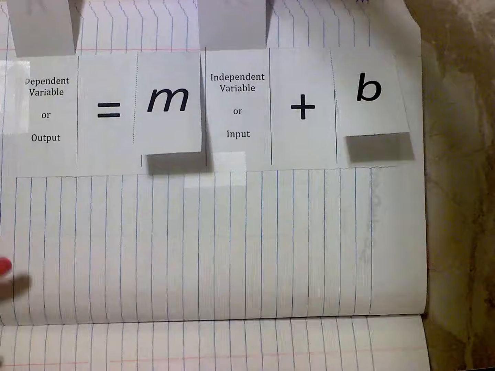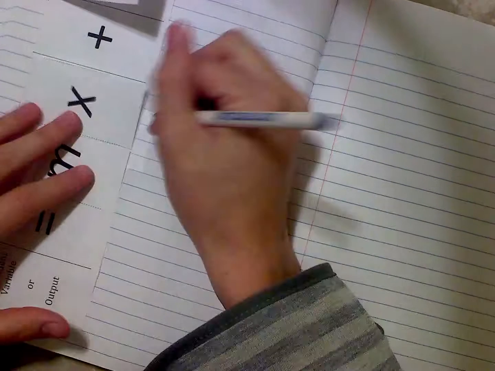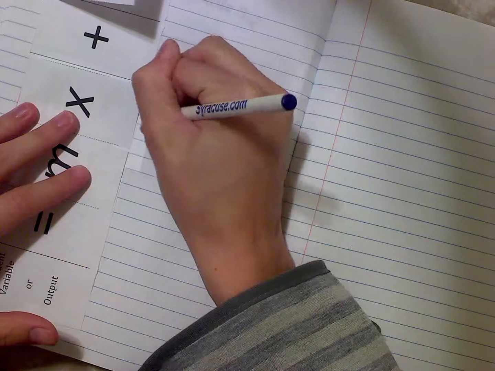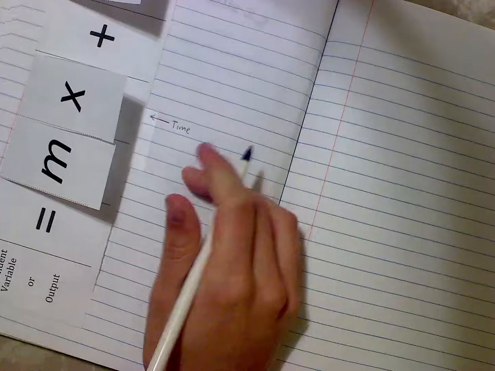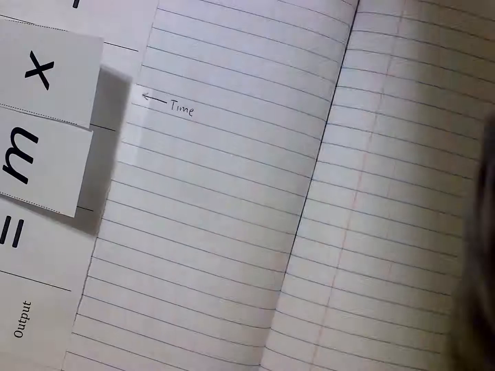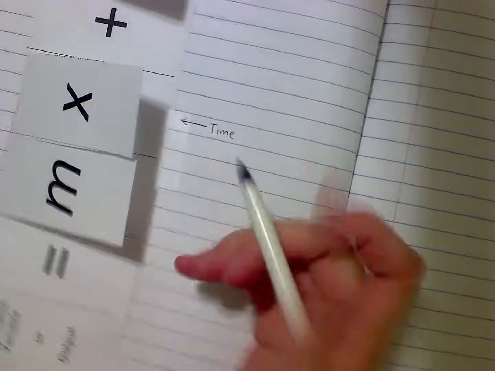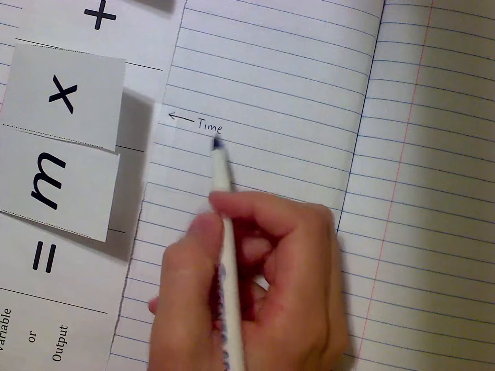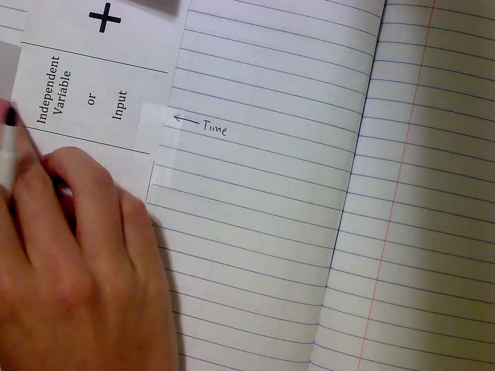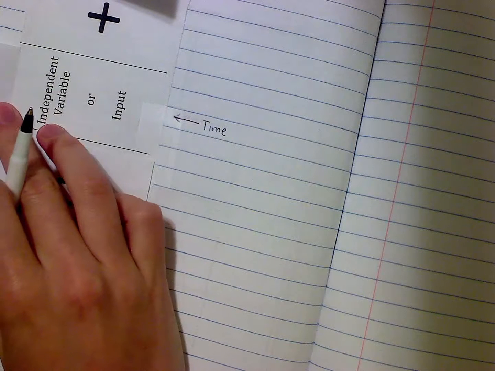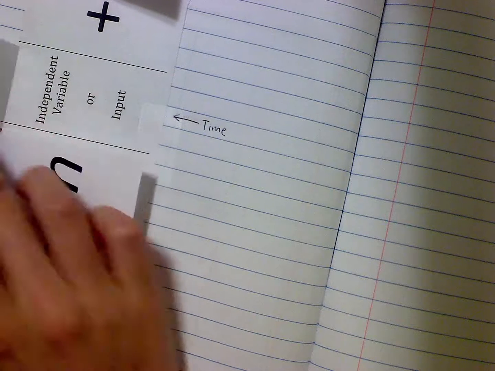And so one thing to know, which is helpful, is that time is always an independent variable. Because time does not depend on anything. There's nothing that you can do to speed up or slow down time. So there's nothing that you can do that would change time passing. And so time has to be an independent variable because it just does its own thing. And it can't be affected by anything that you do. Okay? So time is always the independent variable.